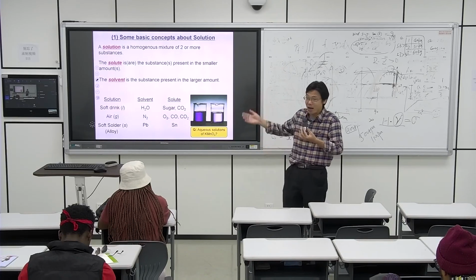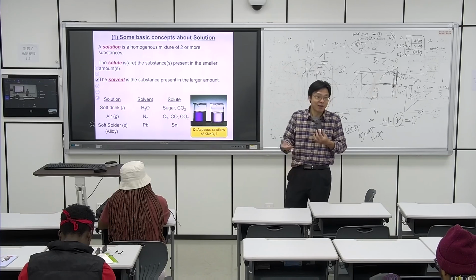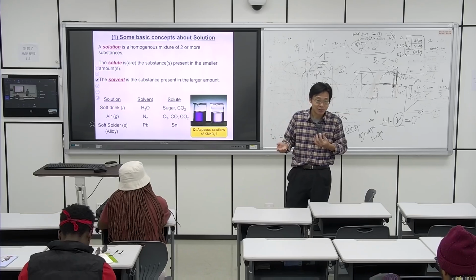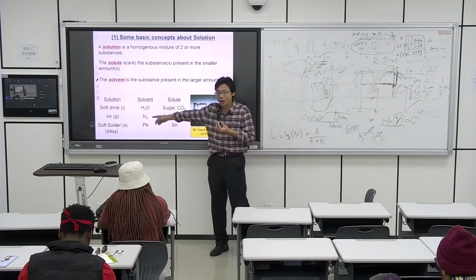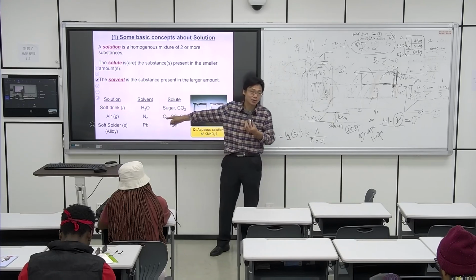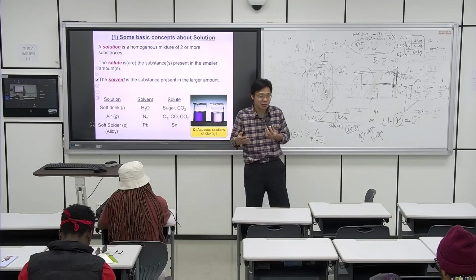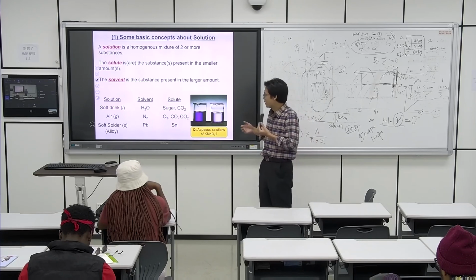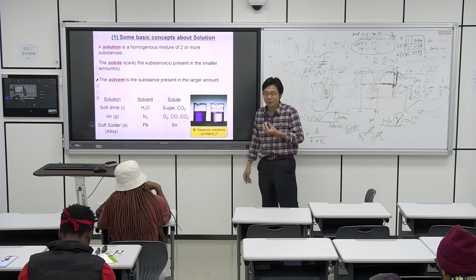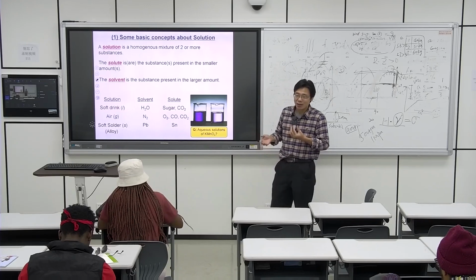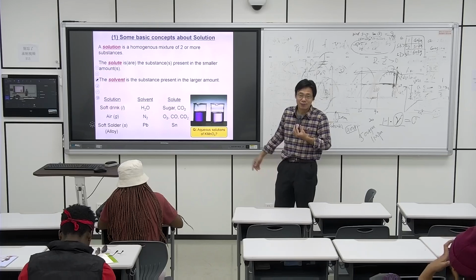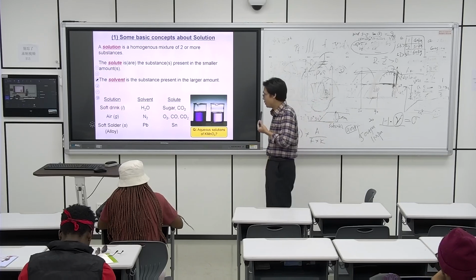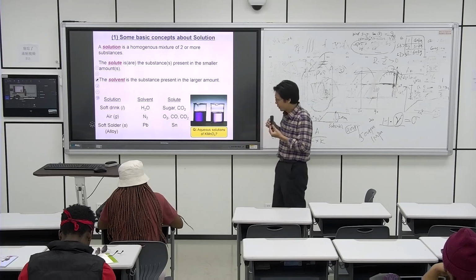For example, the air is a gas solution, and in the air there is some water vapor. The water is less than the nitrogen, because most of the air is nitrogen, which has the largest amount among these substances.